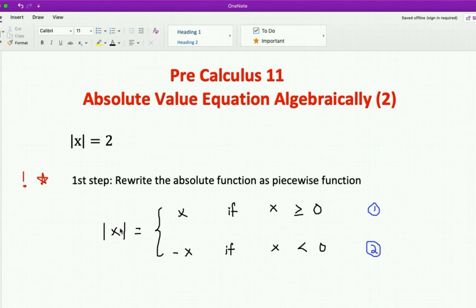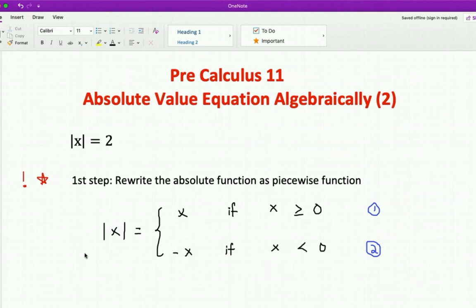The absolute function of x equals the number itself when x is a positive number. So think about when x is 1, 2, 3, 4, 5. The absolute function of a positive number equals the positive number, right? But the absolute function of x is equal to negative x when x is negative.